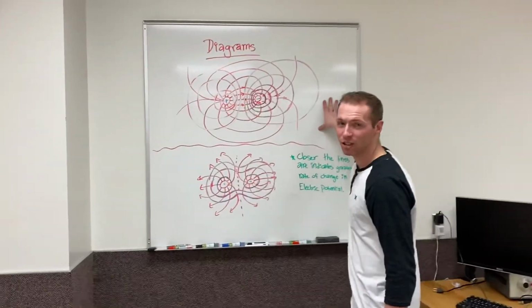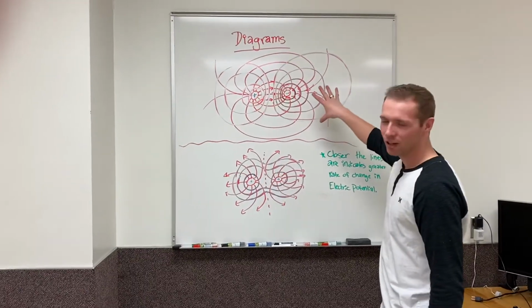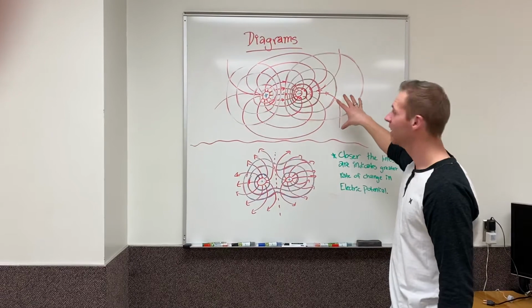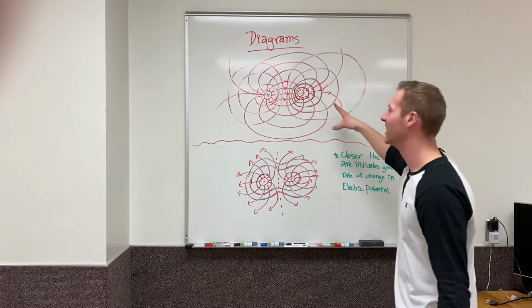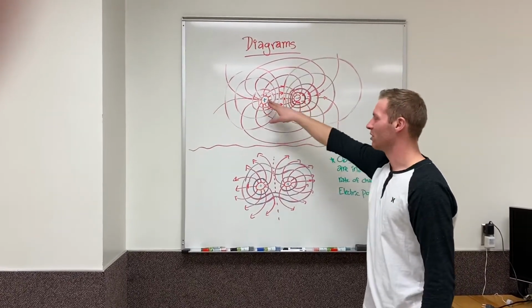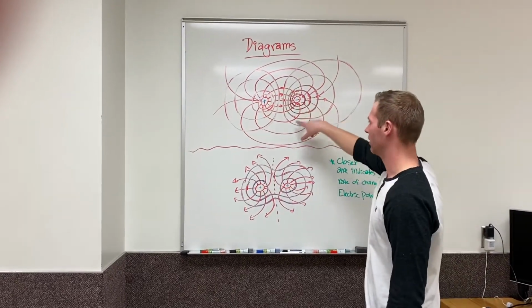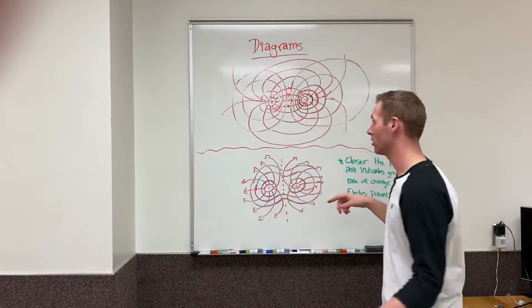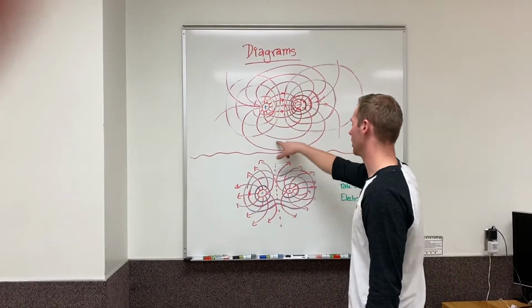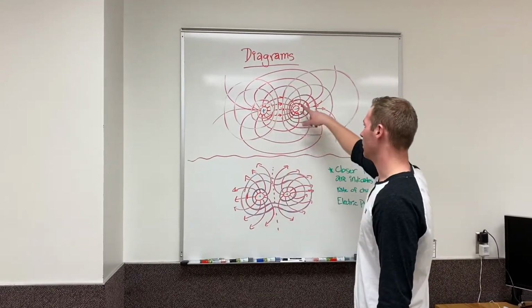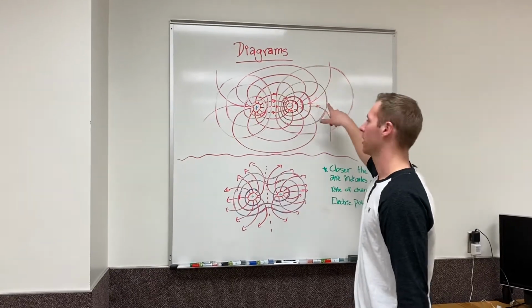Now I'm going to show you a couple of diagrams of what this looks like when we have multiple charges. In this example, which is more than just the start of a design of Spider-Man, we have two different charges, a plus charge and a negative charge. As in the other one we saw previously, we have our electric field lines, and then our equipotential lines, which are in black.